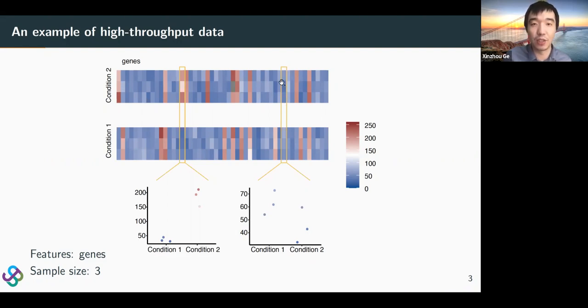So this gene does not perform differently between the two conditions, and may not be so interesting in our analysis. But this gene is more interesting because the cancer patients and non-cancer patients have very different expressions on this gene. So is this clear to you?